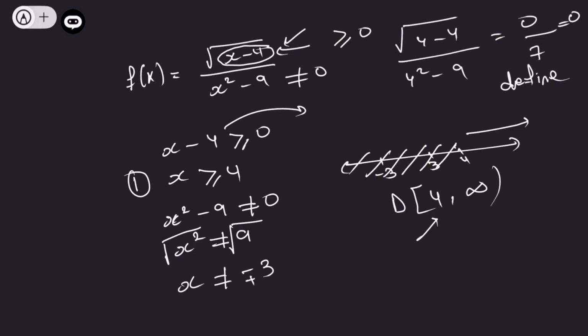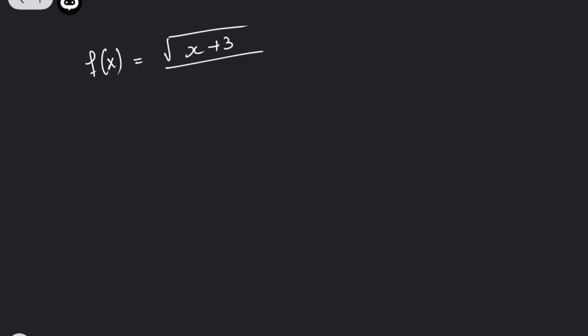Let's move to another example. We have this function f(x) equals the root of x plus 3 divided by the square root of x squared minus 16. So we have two radical functions. We said always that what is inside the root must be bigger or equal to 0.